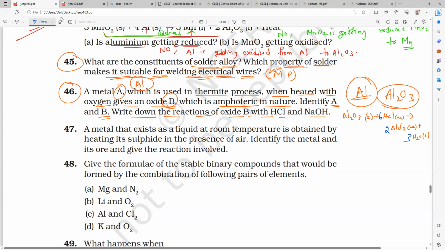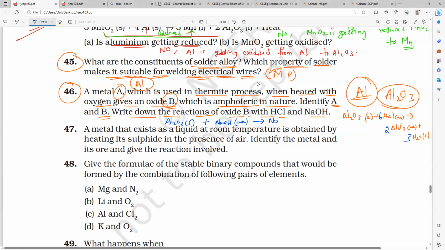Boys, next. Al2O3 reacting with sodium hydroxide NaOH gives what? Harish, Na2AlO2 is wrong. Sodium aluminate is NaAlO2.